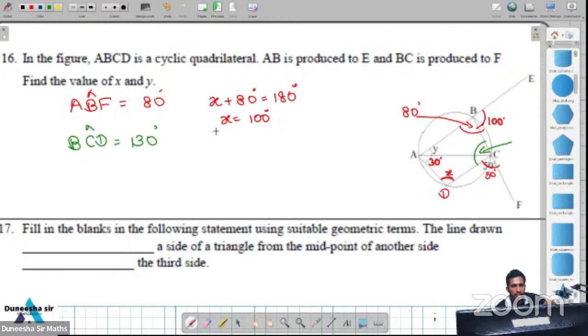Then you know what the opposite angles of a cyclic quadrilateral should add up to. The sum of opposite angles should be 180. Now try to find y. This piece is 30, and this upper piece is y. Can you find y?